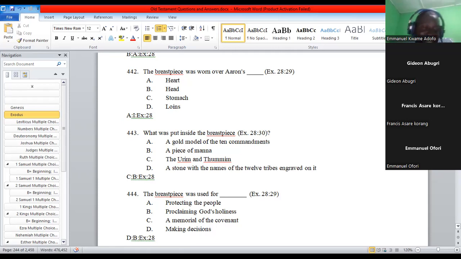Let's read verse 29 just to get it all. Whenever one enters the holy place, he will bear the names of the sons of Israel over his heart on the breastpiece of decisions as a continual memorial before the Lord. So as a decision, do you get it? Okay.